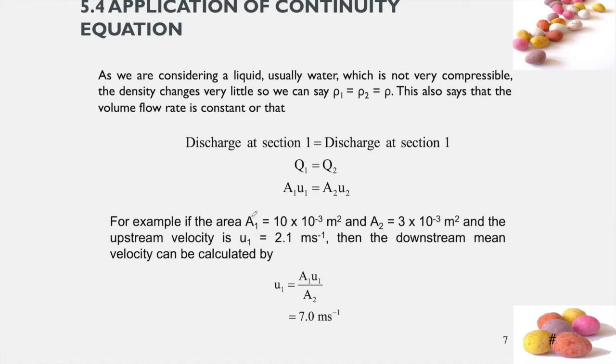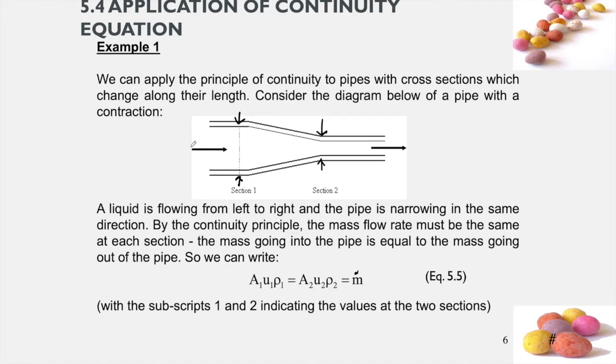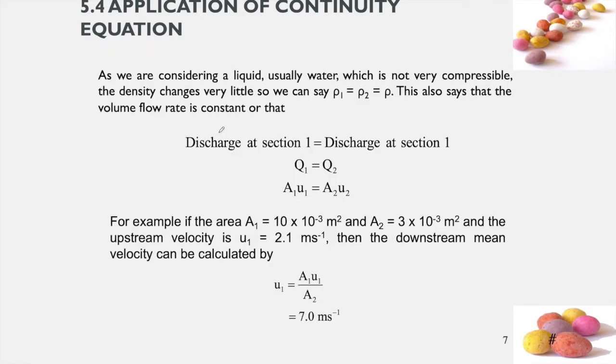So the upstream velocity is the velocity at section 1. So this is the upstream velocity and this is the downstream velocity. Okay, you have been given the upstream velocity here, u1, in the example: 2.1 meters per second. Then the downstream mean velocity can be calculated. We already have A1, U1, and A2.